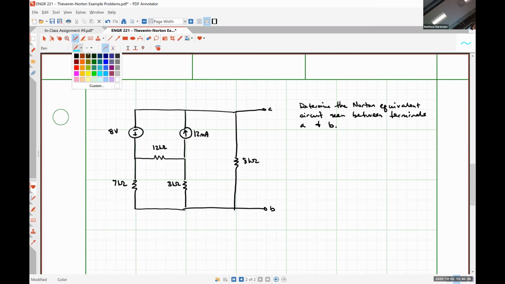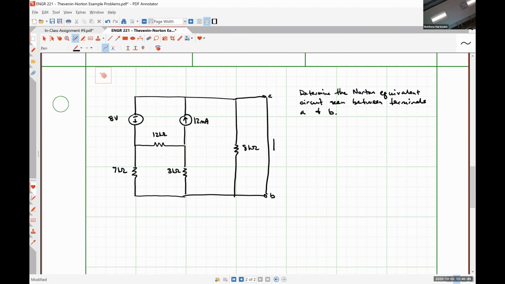The Norton current is defined as the short circuit current, which means we have to place a short between our terminals and then measure the current that flows through that short. That's short circuit current by definition. So if in the previous example we were trying to find the Norton current, we would have shorted out the 10 ohm resistor and then worked from there.